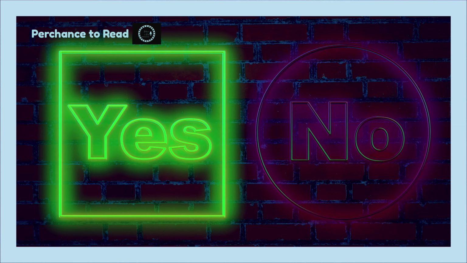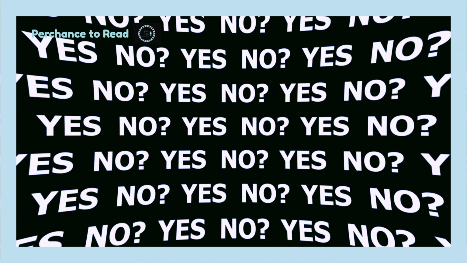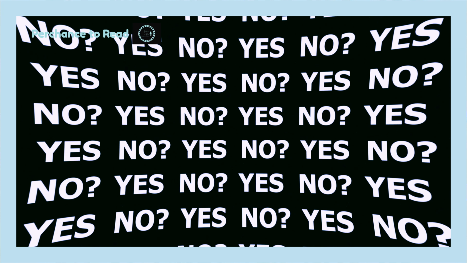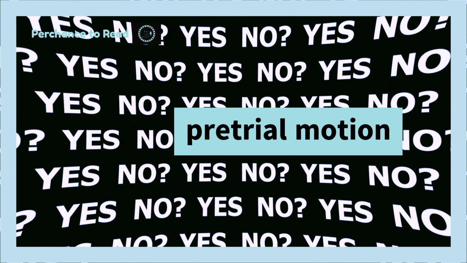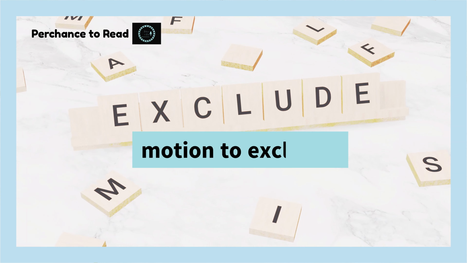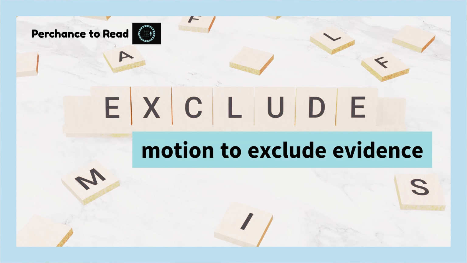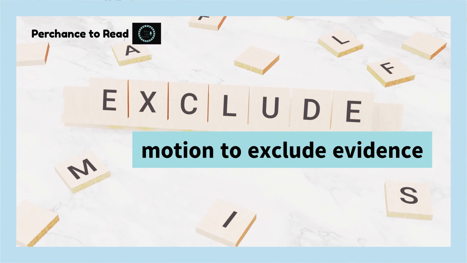Thus, a motion in limine is a motion filed at the threshold of the trial, or before the trial begins, so a pretrial motion, requesting that something happen or not happen. Specifically, motions in limine are filed by any party who wants the court to exclude evidence the other side wants to admit at trial.